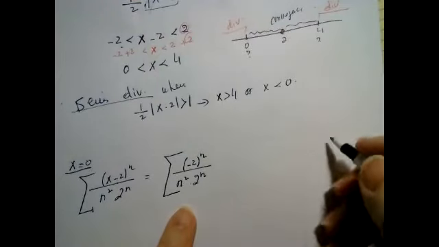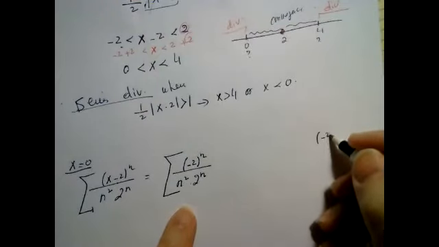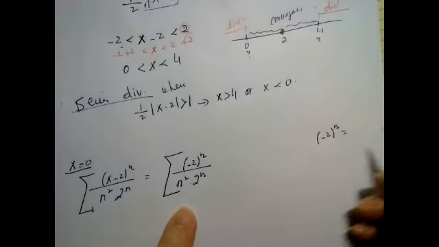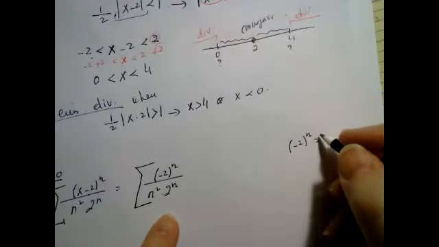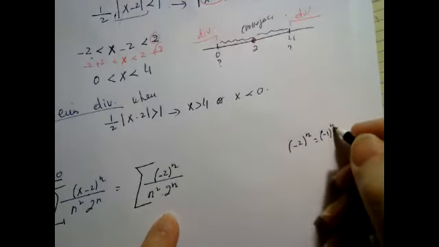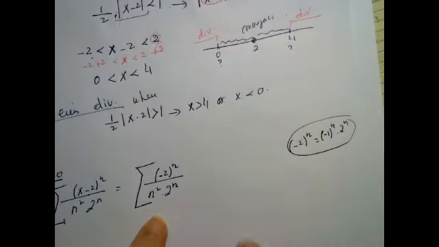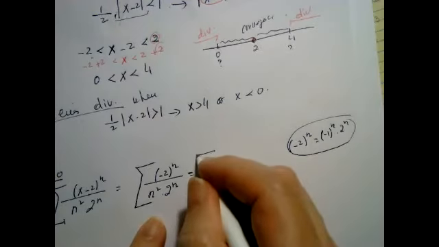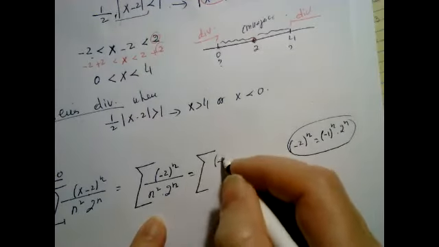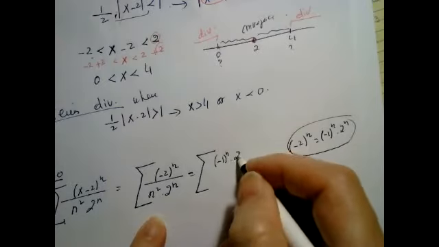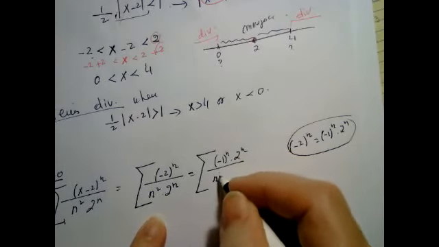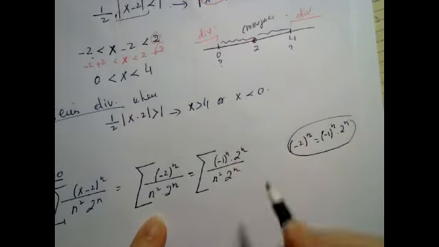Now minus 2 to the n, we can basically rewrite that as minus 1 to the n times 2 to the n. So those are exactly the same thing. So we can split it as minus 1 to the n times 2 to the n over n squared 2 to the n.